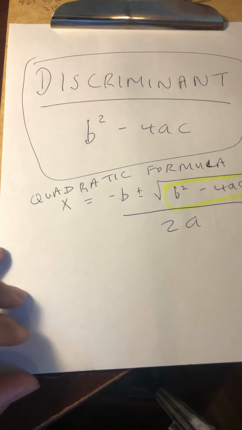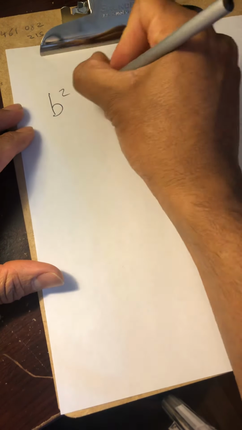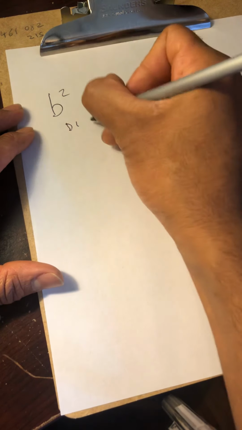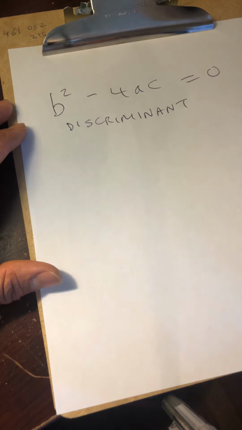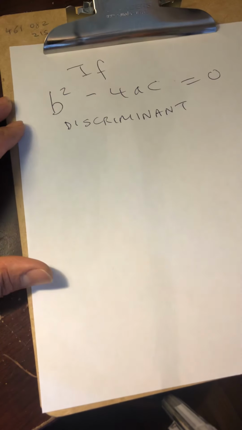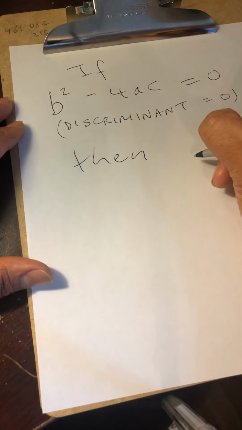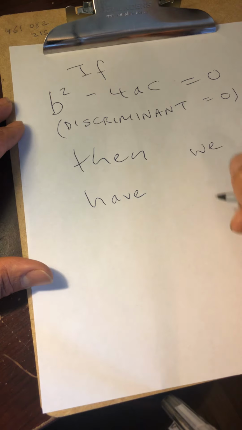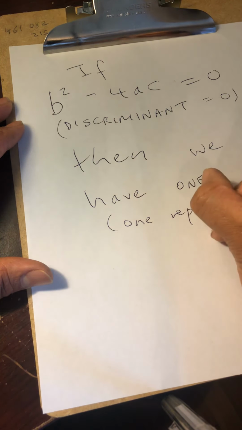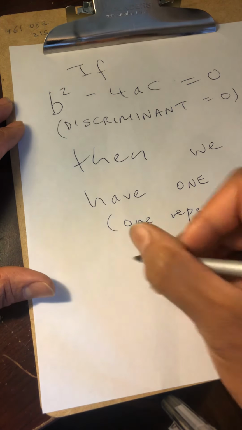All right, so here it is. If a discriminant is 0, so b squared minus 4ac, again we call this the discriminant, if that is equal to 0, then we have one repeated rational solution. Meaning the same number twice.